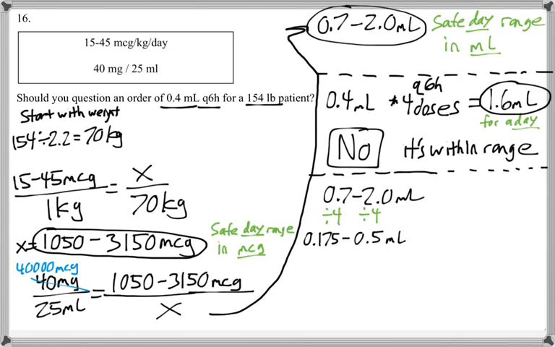And this would be the safe dose range in milliliters. And then you would compare the 0.4 milliliters with this range, and that is also within that range. And it should be consistent. So this would also be no, because it's within range.